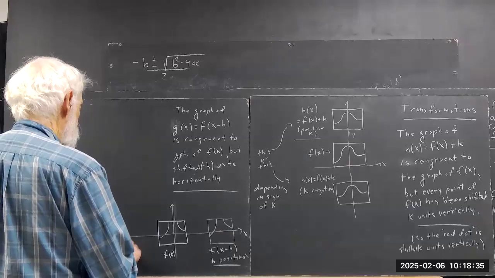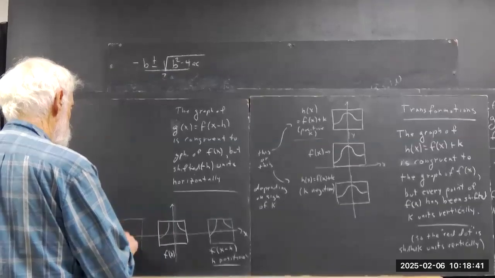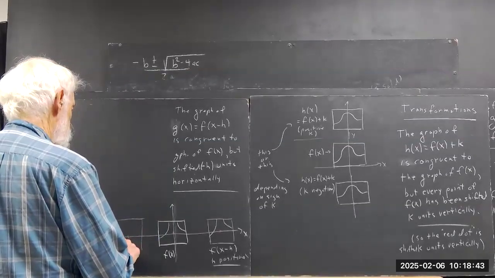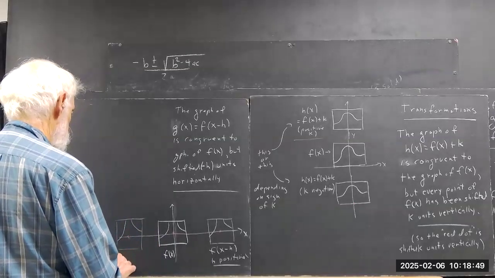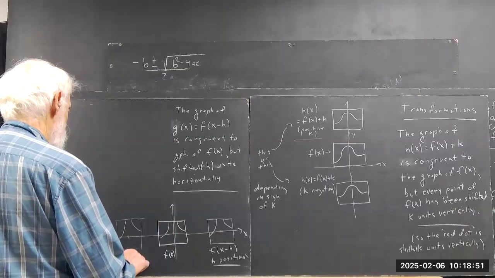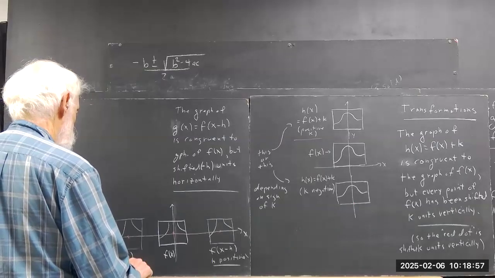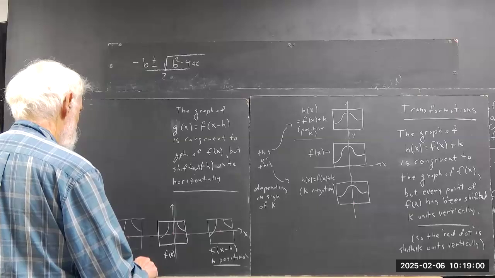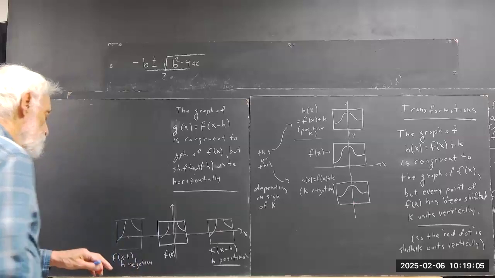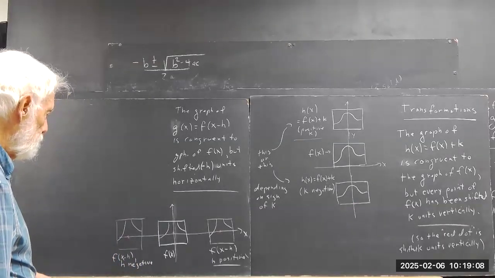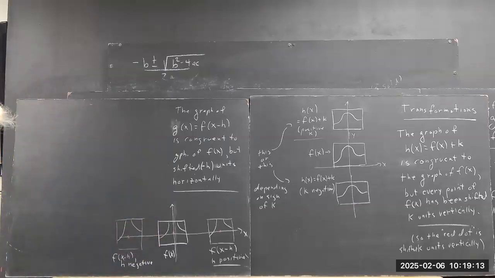And if h is negative, this would be f of x minus h for h negative. I didn't get my rectangle about the same size, but that's impossible in my world.